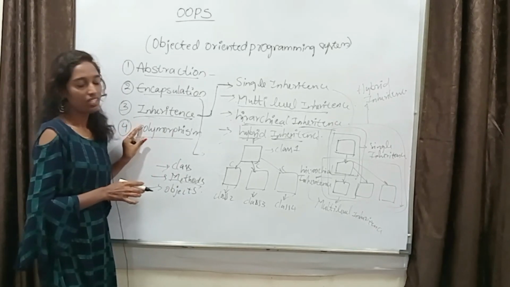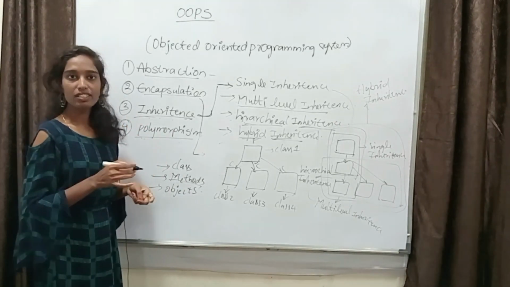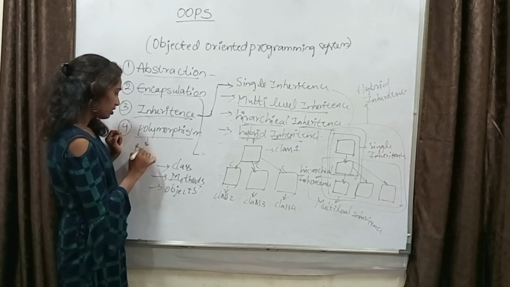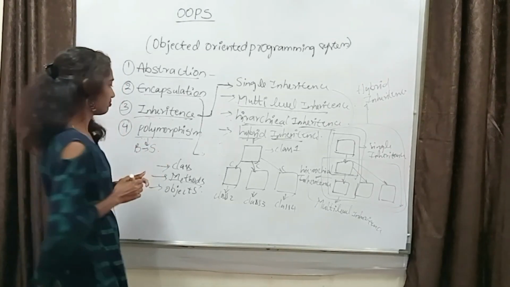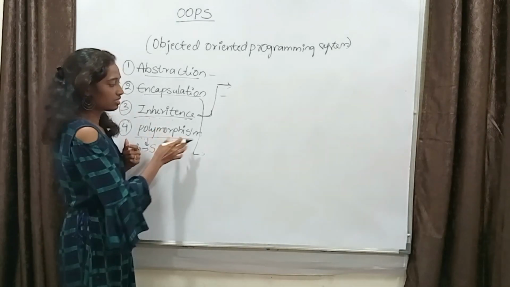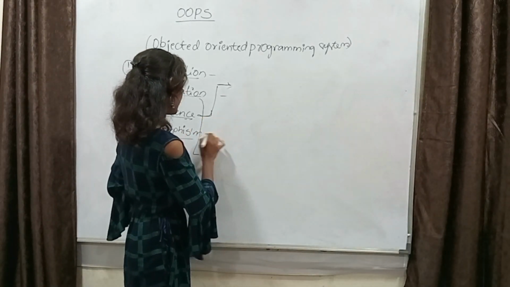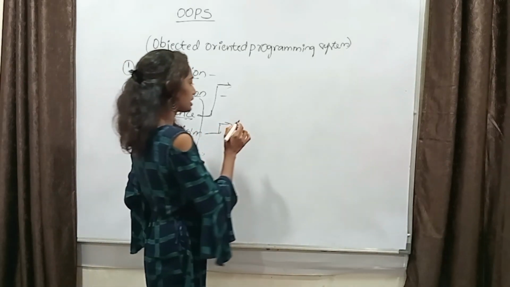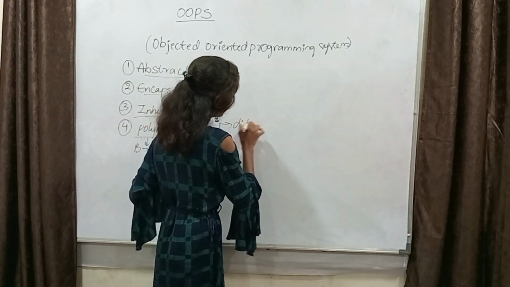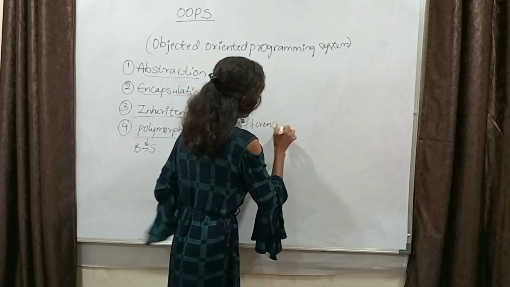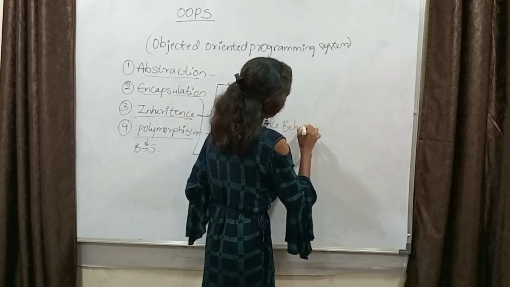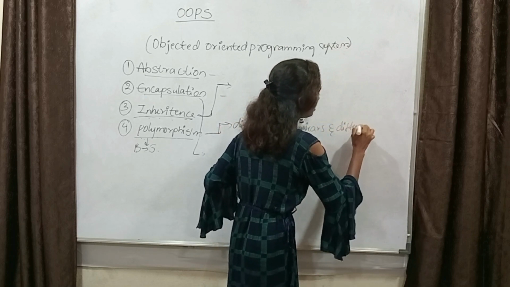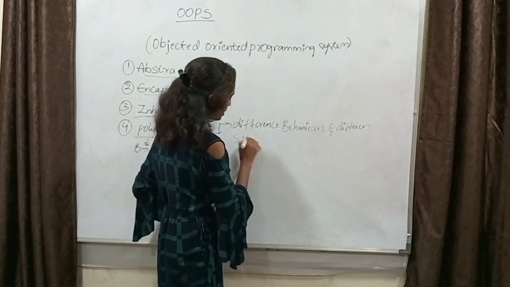Polymorphism is a process where one particular person will exhibit different behaviors in different situations.